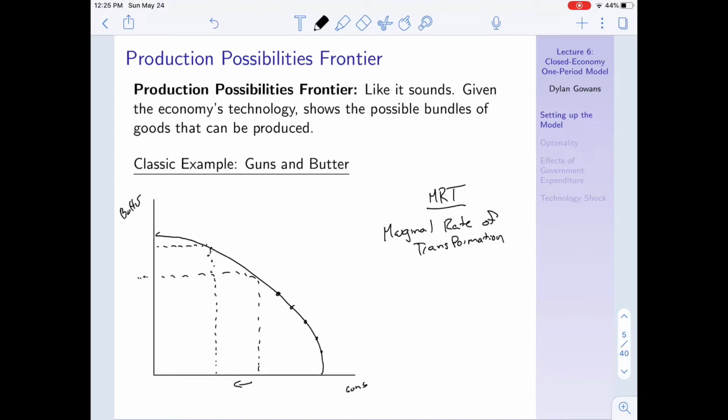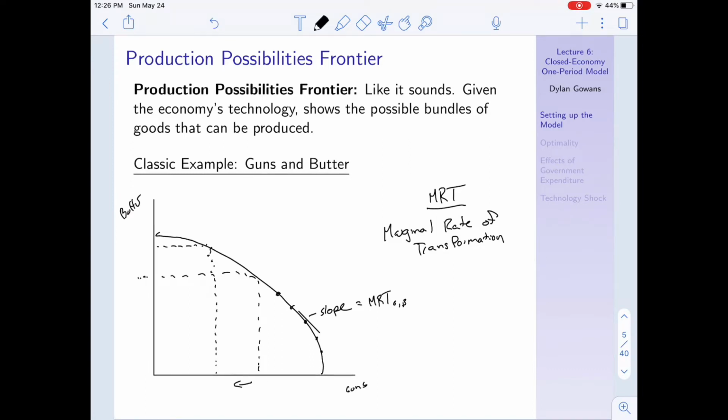Or, seeing it graphically, it's really just the slope of this production possibilities frontier. So for example, at this point right here, it's not quite tangent, but you can imagine that line there as tangent. The slope is equal to the marginal rate of transformation of guns for butter. Meaning that at that point, when I give up one gun, how much additional butter can I get?